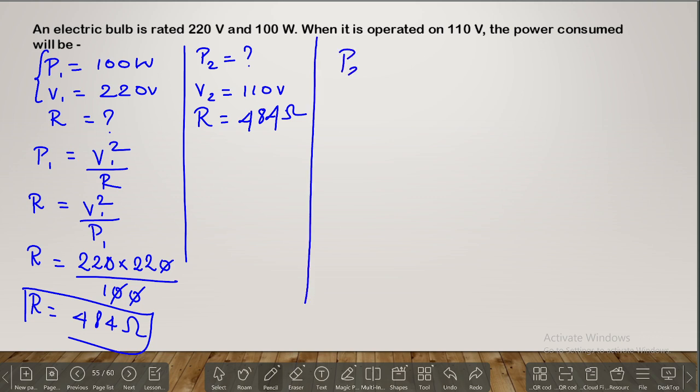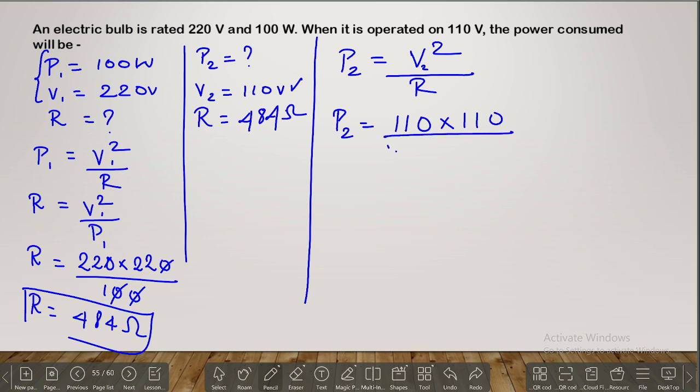So, P2 is equal to V2 square by R. P2 is equal to, what is the value of V2 here? 110. Then we can write it as 110 into 110 by 484. Now multiply 11 into 11, 11 into 11 we all know it's going to be 121, double zeros again added last, divided by 484.